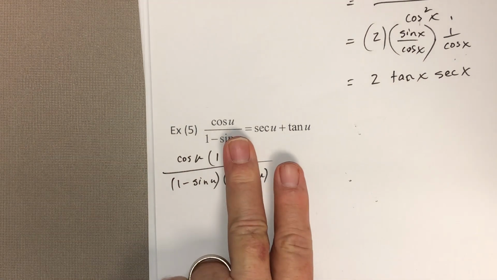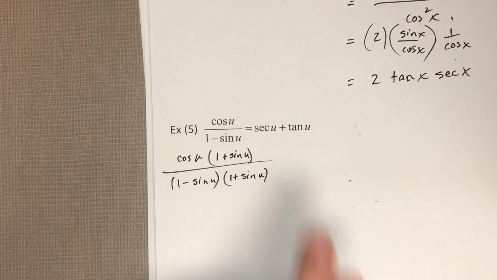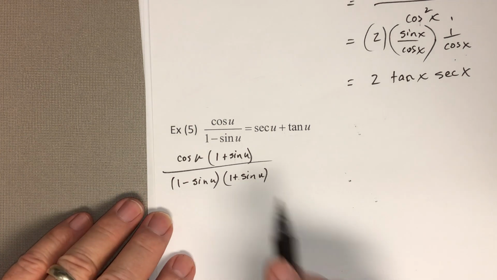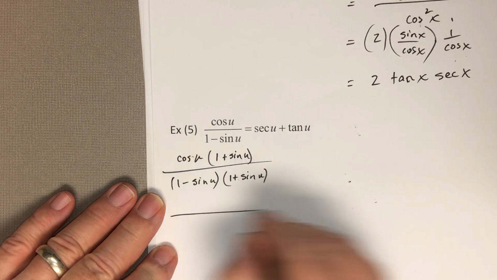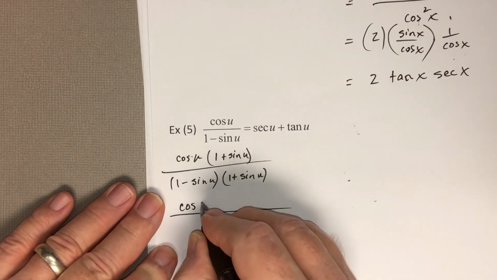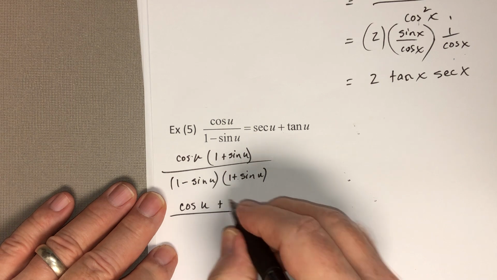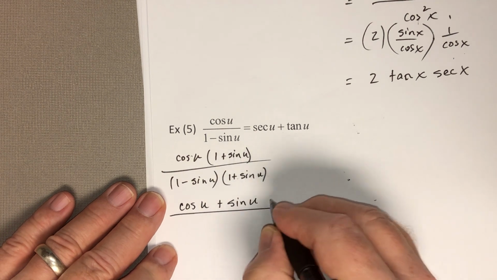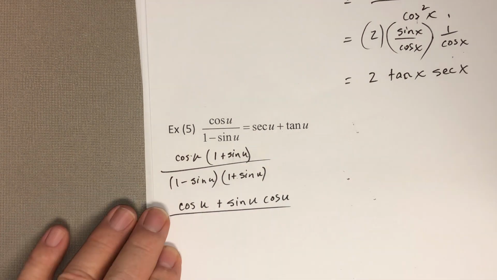Now remember, these two would cancel really and give you what you started with over there on the left. Okay, all right, and now I'm going to go ahead and distribute that. I'm going to apply the distributive property and get in that numerator, the cosine of u plus the sine of u times the cosine of u, all right?